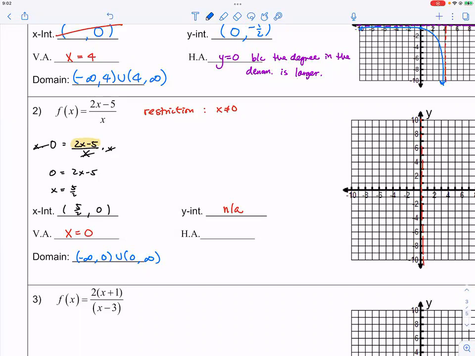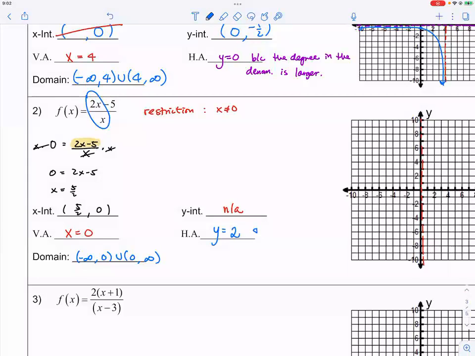And the horizontal asymptote is, well, in this case, you can see that the numerator and the denominator have the same power. So we just take the leading coefficient, or think about 2x over 1x. It's equal to 2.